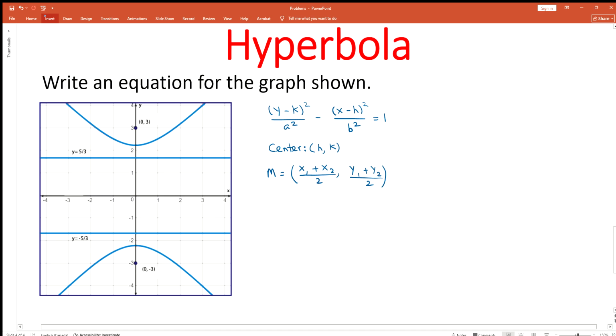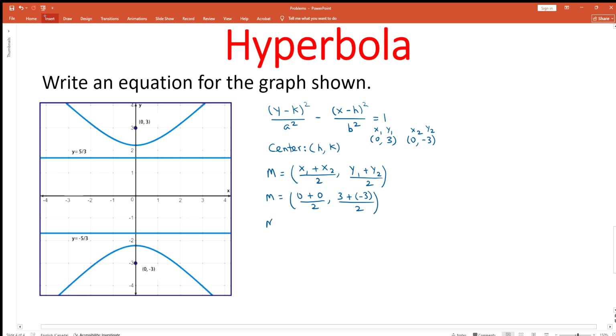The given foci points are (0, 3) and (0, -3). We can label one of these points as (x1, y1) and the other one as (x2, y2). We can use these values in the midpoint formula. So (0 plus 0) over 2 and (3 plus -3) over 2.